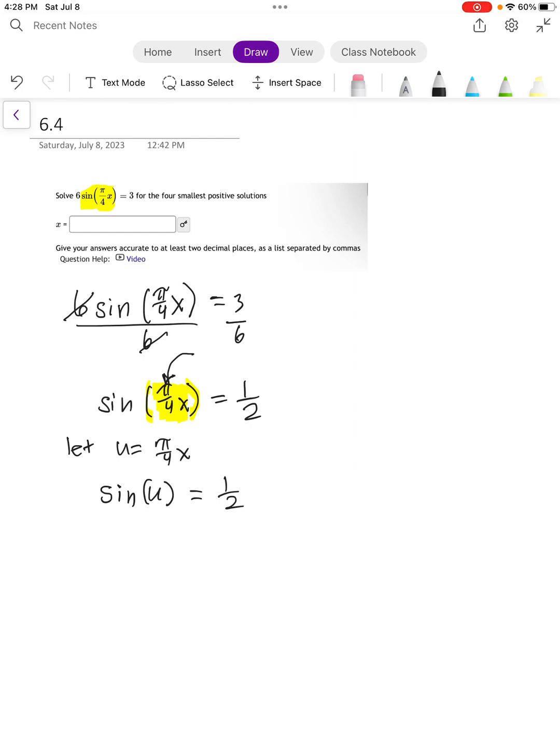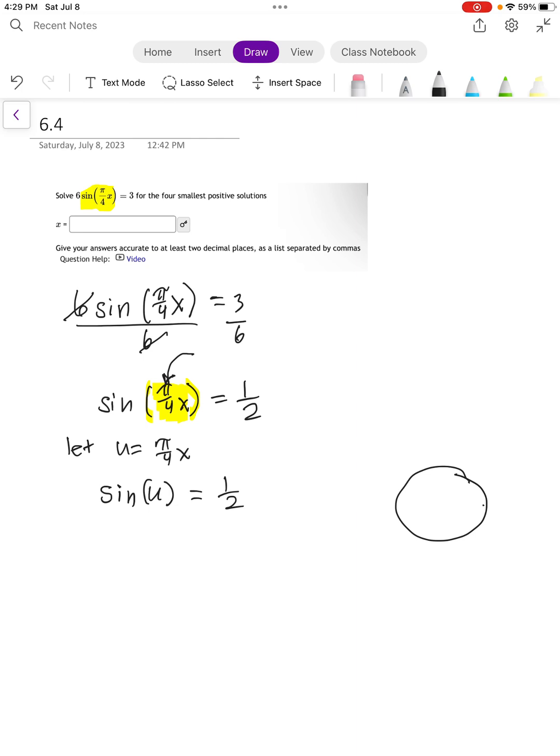So we have to think about the unit circle, because every y value on the unit circle corresponds to the sine of angles.